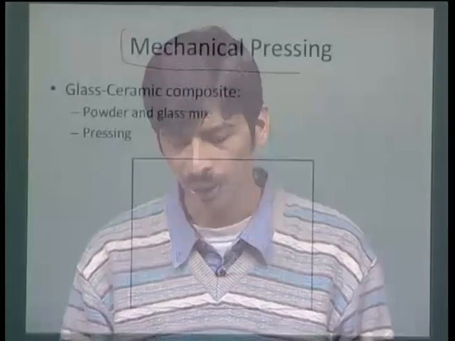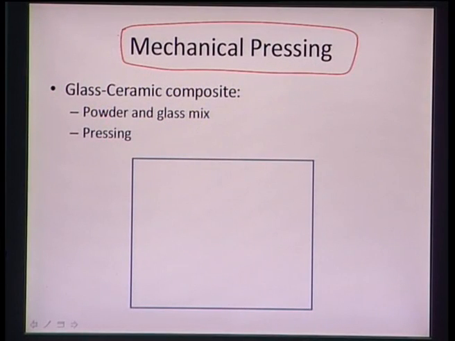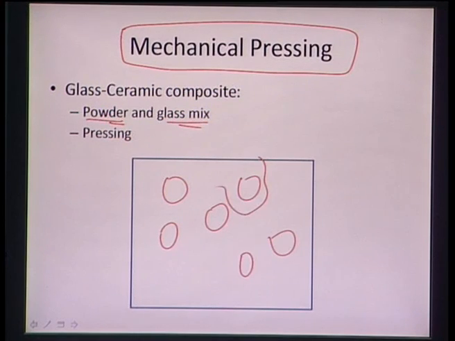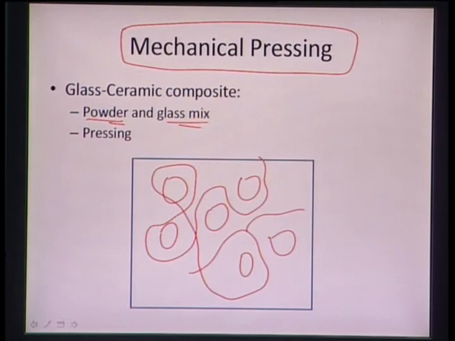So, there can also be mechanical processing. Apart from thermal routes, we can also have mechanical routes to produce a glass ceramic kind of composite. In this case, we take a ceramic powder and a glass mix, and then we compress them all together. We see all the powder particles thrown here and there, and then the glassy phase flows over those particulates to form a matrix.